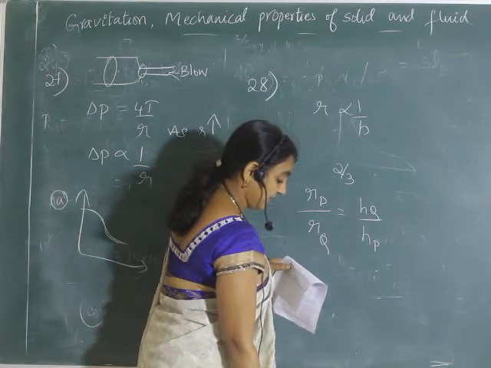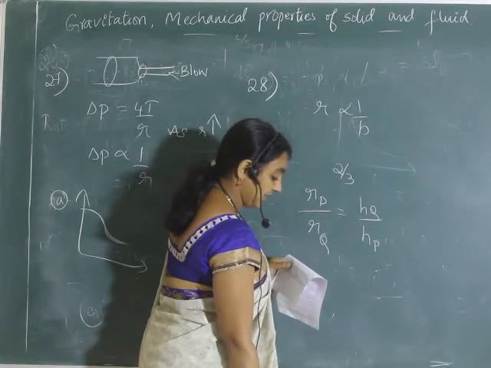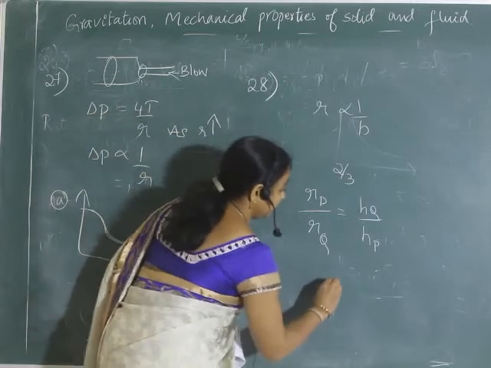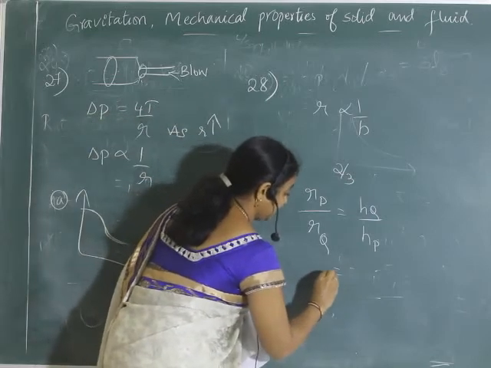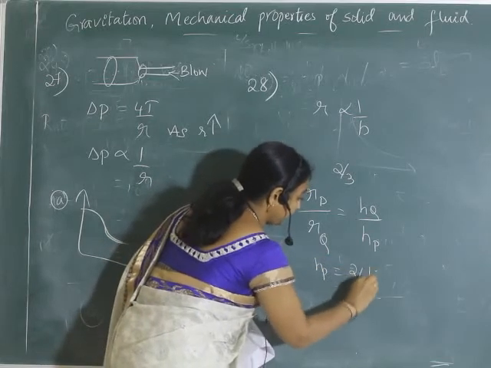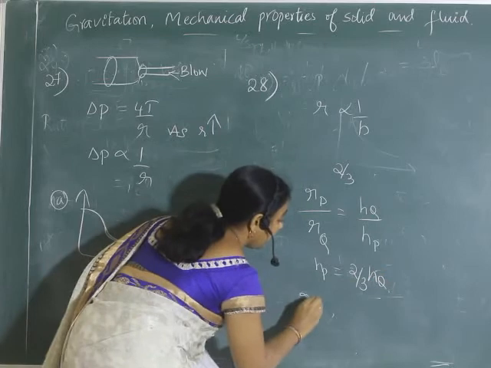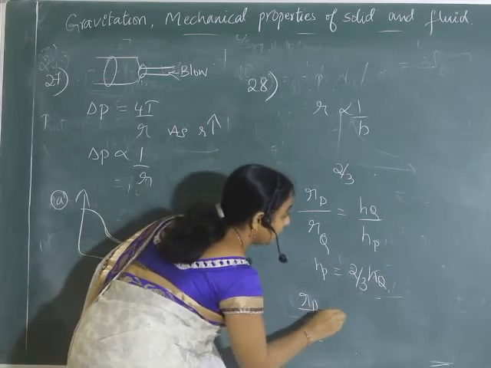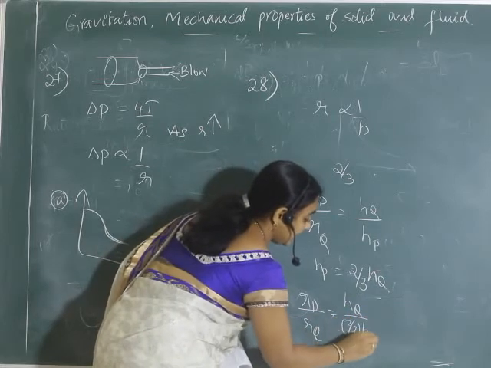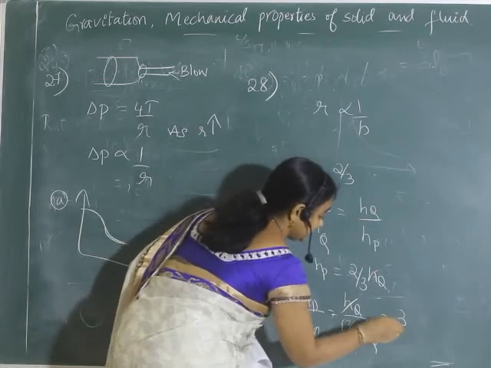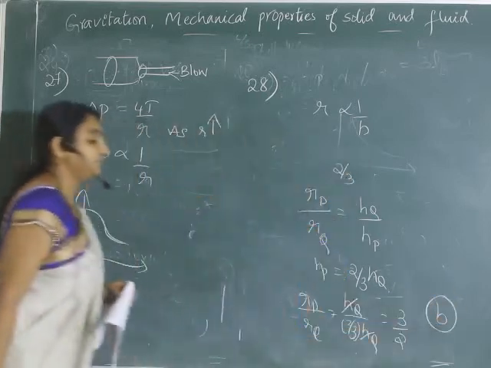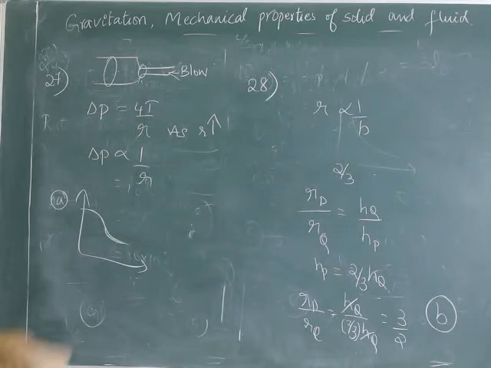They have given HP is equal to 2/3 of HQ. So therefore RP by RQ is equal to HQ by 2/3 HQ. So the answer is 3/2. Option B.